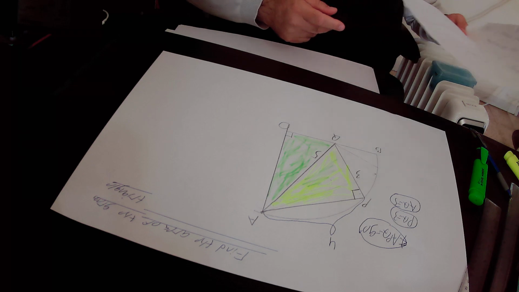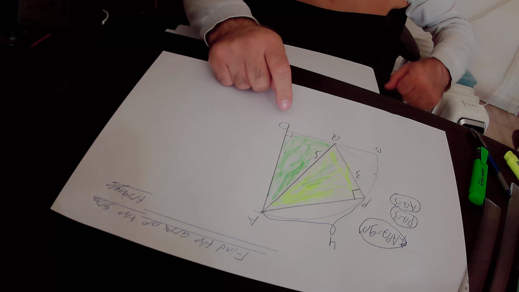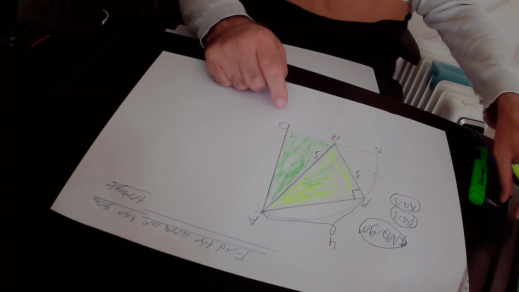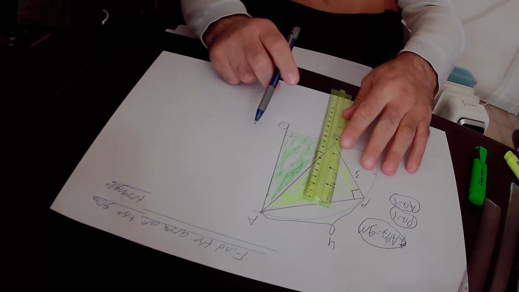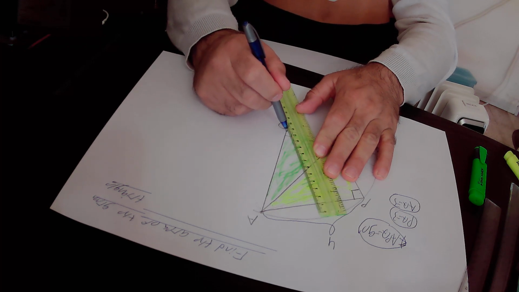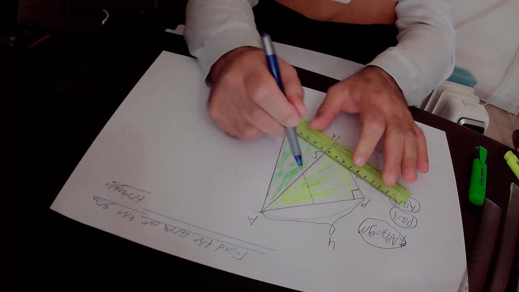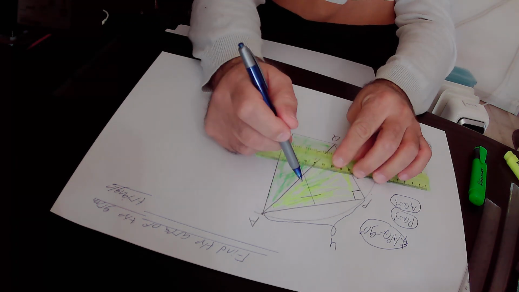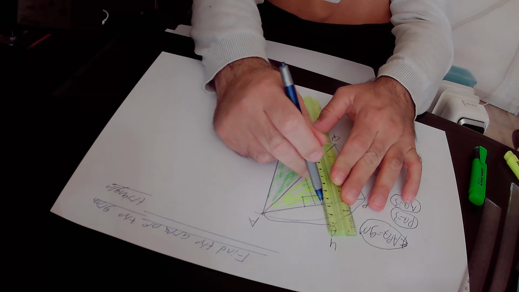Why? Because in our drawing, if we draw from the center of the circle, that is to say from point O, a perpendicular on chord AP, then this angle equals 90 degrees, and this angle also equals 90 degrees according to our construction.